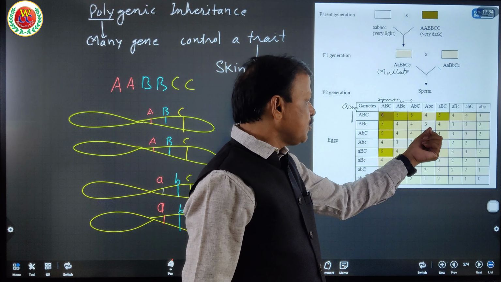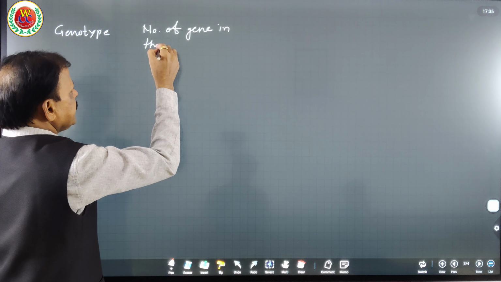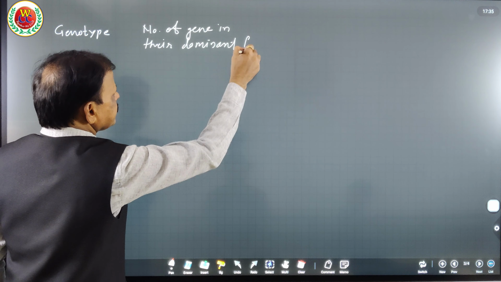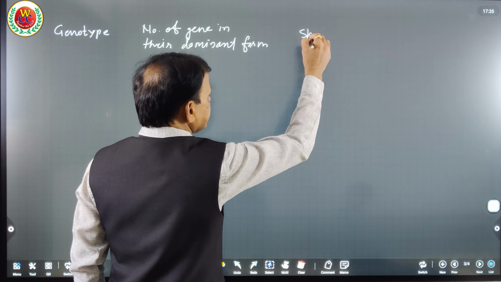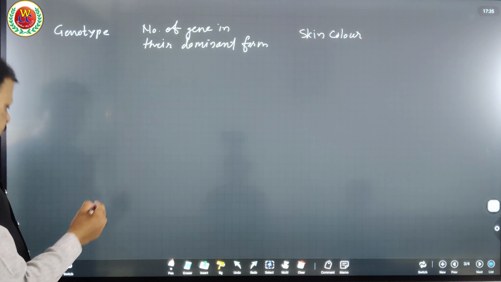Say, genotype, number of genes or alleles in their dominant form, and skin color controlled by that number of genes in dominant form.